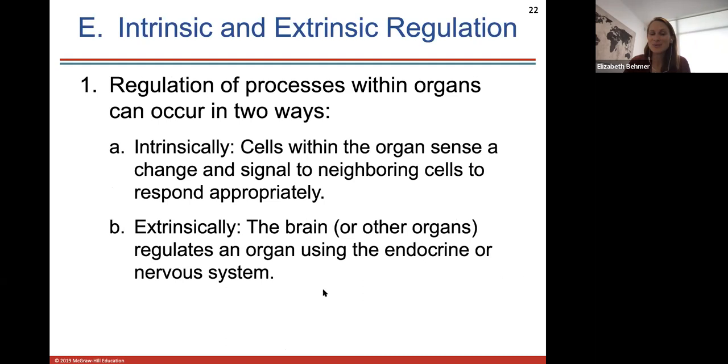Regulation of processes within organs can be intrinsic or extrinsic, where intrinsically cells within the organ will sense a change and signal to neighboring cells to respond appropriately, or extrinsically, where the brain or other organs will regulate an organ using the endocrine or nervous system.